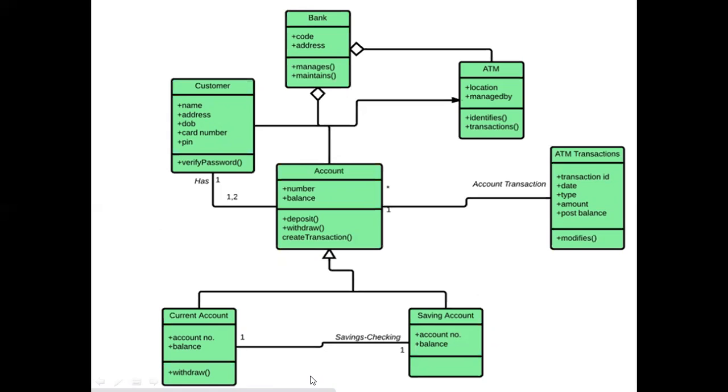The operations mean the bank manages and maintains some operations. The ATM has identifiers and the transaction has some operations. The account has transactions: deposit, withdraw, and create new transactions. The customer has some operations. And current accounts and saving accounts have some operations.